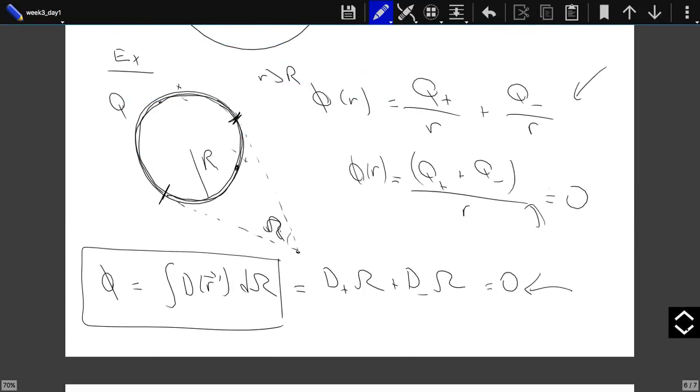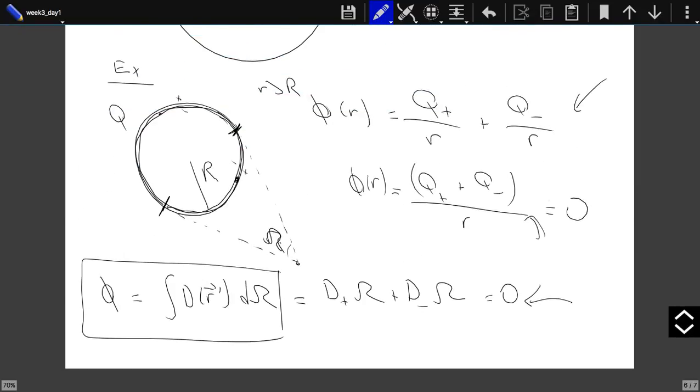Well, in this derivation, we started by assuming that the total charge is 0. Of course, sigma plus and sigma minus have different values. Nevertheless, the difference goes to 0 when we take the limit where sigma goes to infinity and d goes to 0. Hence, this result still gives the correct answer.